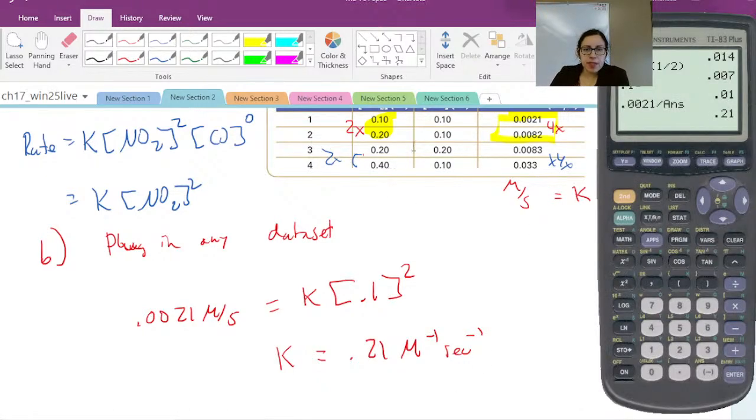Yeah, so we could plug that in, right? So let's see what you're saying. We have our K, so then we can take 0.2 squared times this K here. And that does give us about what the data had said. So yeah, that matches.